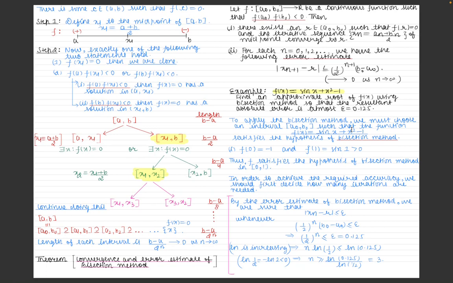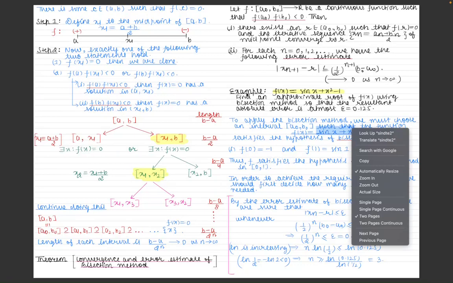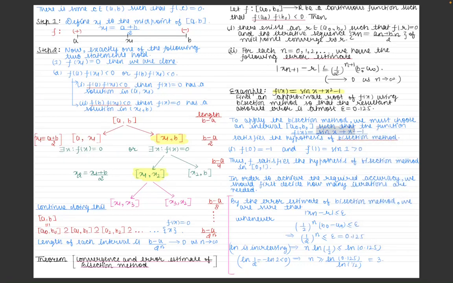To start with, you just see f of 0. What is f of 0? It is minus 1. And f of 1 is sine 1, and sine 1 is strictly positive, because sine is positive between 0 and pi by 2, and pi by 2 is greater than 1. So sine 1 is positive.